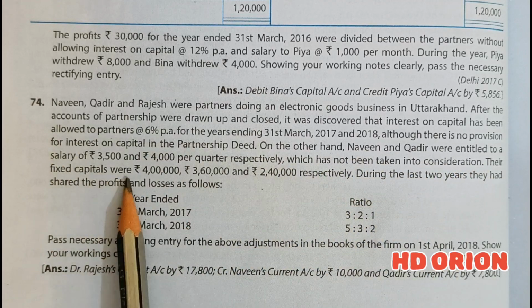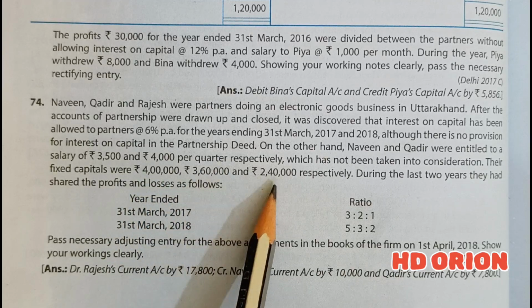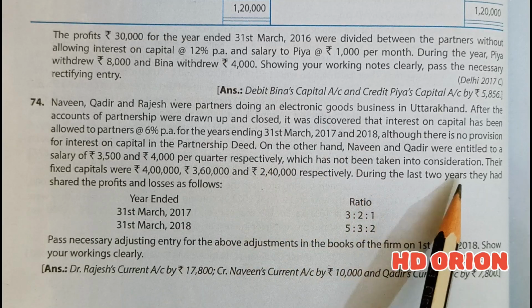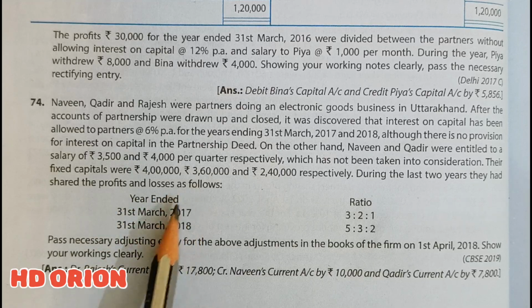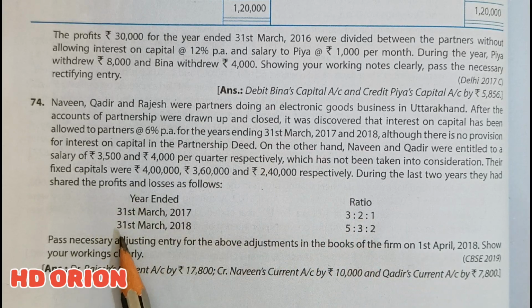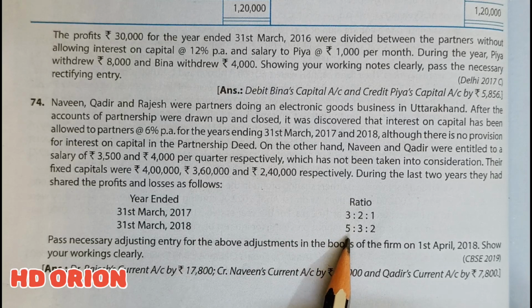Their fixed capitals were rupees 4 lakh, rupees 3,60,000 and rupees 2,40,000 respectively. During the last 2 years, they had shared the profits and losses as follows. For the year ended 31st March 2017 in the ratio 3:2:1, and for the year ended 31st March 2018 in the ratio 5:3:2.